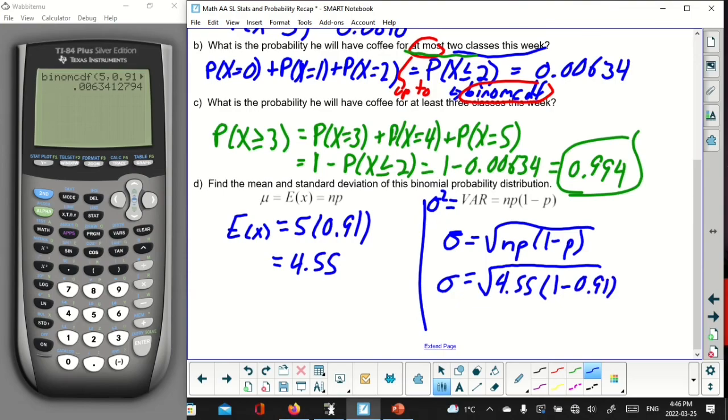Maybe I'll just think about that as 0.09 and throw it in my calculator. It's a bit of an abstract idea, but what this is telling us is how large an unsurprising variation from the mean would be. So if you have Ian showing up with 4 classes out of those 5, then it's not that surprising. If it's more than 0.64 away from the mean, then it starts to be surprising.